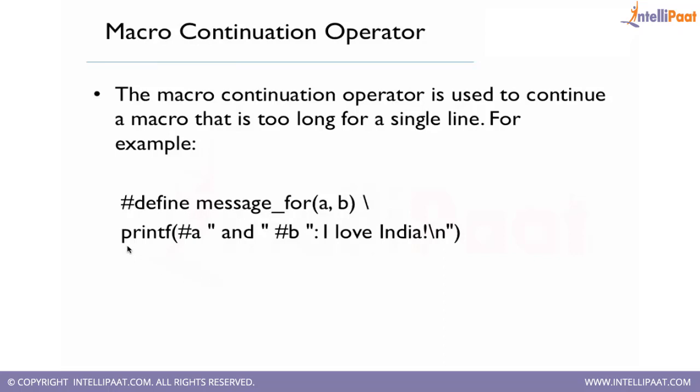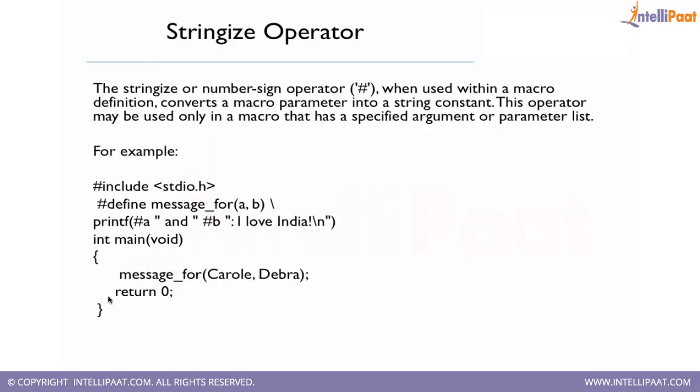That way the preprocessor knows that this is not a different macro but the same macro, so it will not throw an error. So: hash define message for a, b, and continuation operator, printf a and b, I love India. You can try this out.